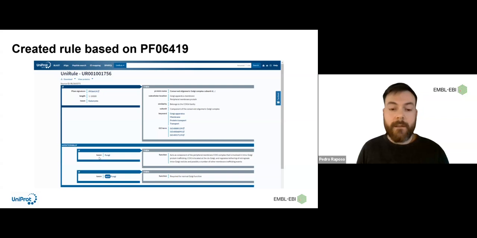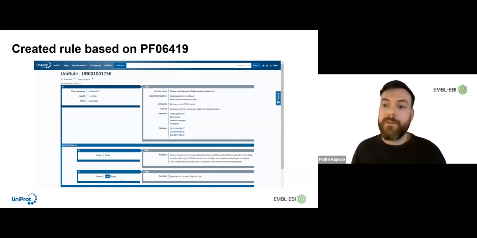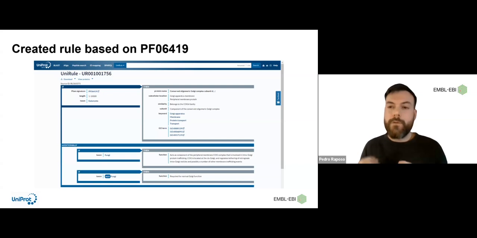In the first case, if the protein comes from a fungus, then it will have a more specific and more tailored function comment. But if it's not coming from a fungus, like we've seen with the human, then it's going to have a more general comment. This is how we tune the granularity of the rule for different types of proteins.